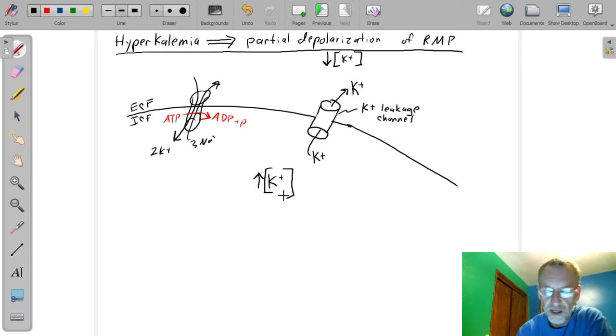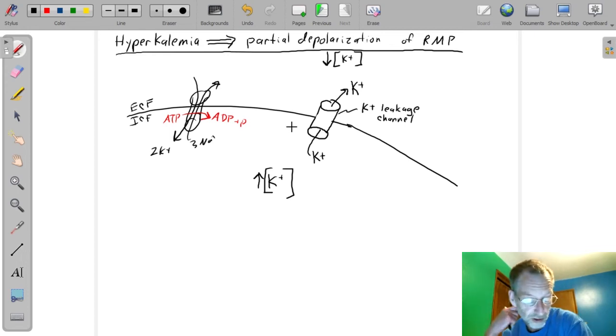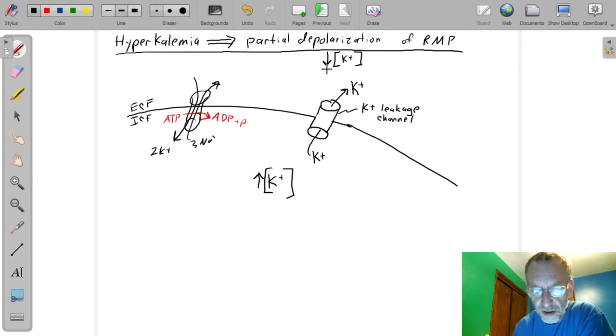So when we're talking about hyperkalemia, we're meaning just a small difference. It's still much less than what's inside the cell. If those ever flip-flopped, the cell wouldn't work. And if it's a heart cell, the heart won't work. So just remember that this is always still lower than what's in the cell.